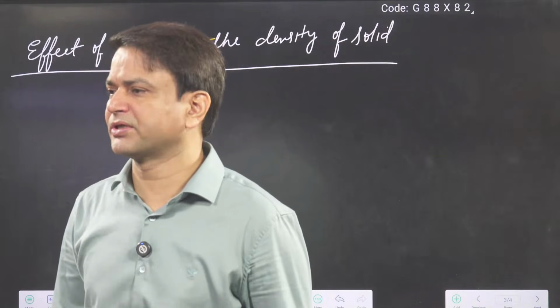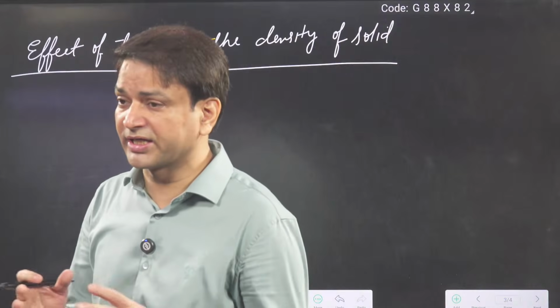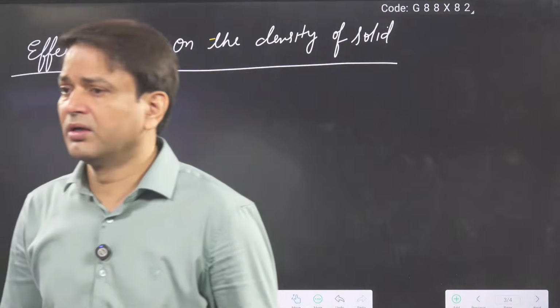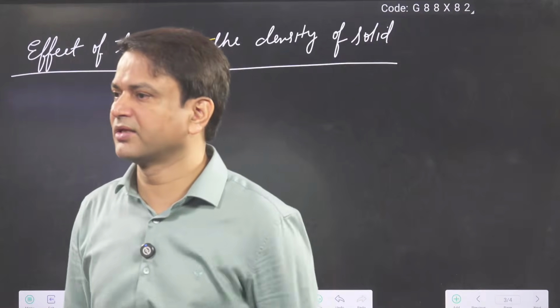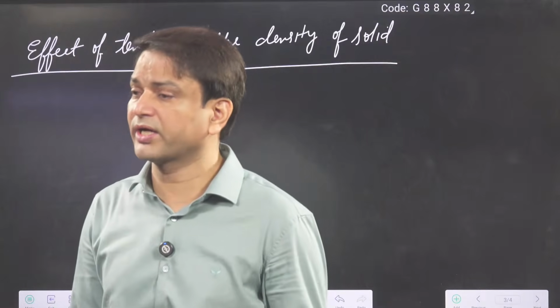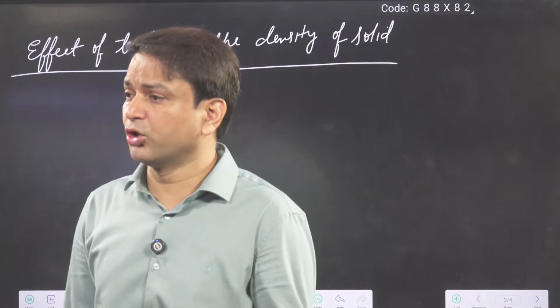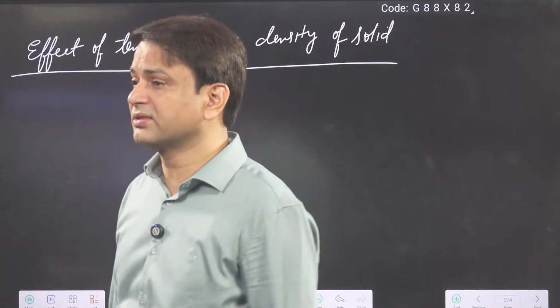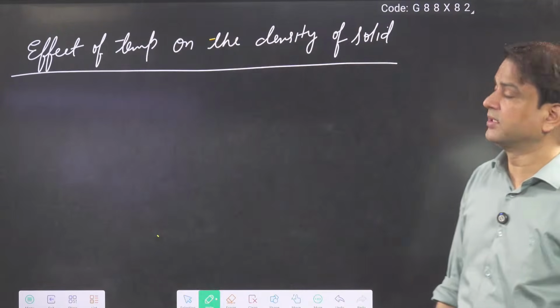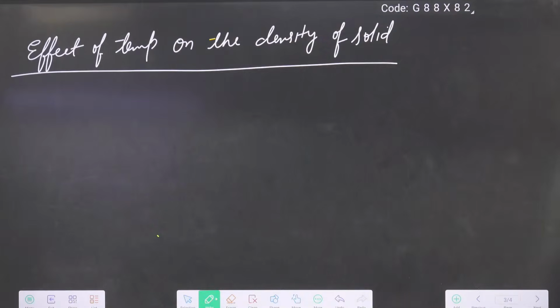On increasing the temperature, volume will increase. So on increasing the temperature of the solid, volume increases. Thermal expansion, we have learned the volume change formula also. So on increasing the temperature, volume increases. What about mass? What will happen with the mass? If we increase the temperature of any body, then what will be the effect on the mass?